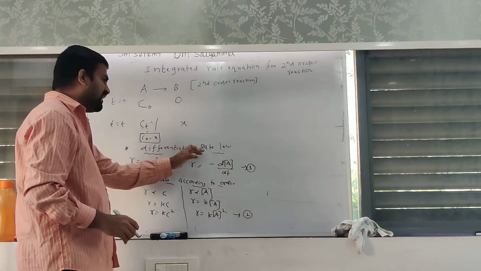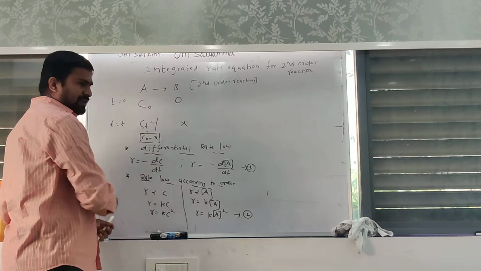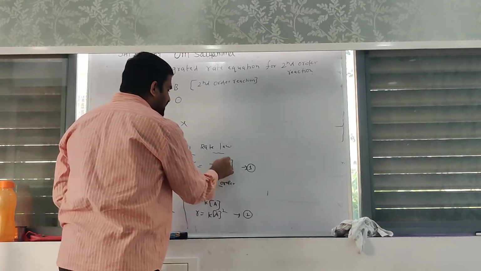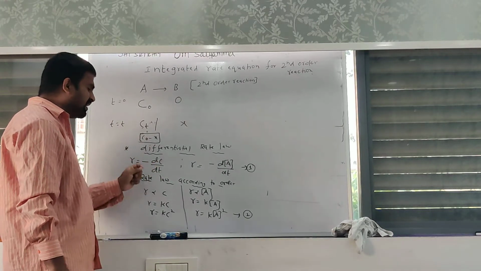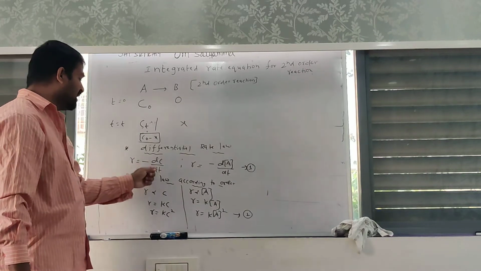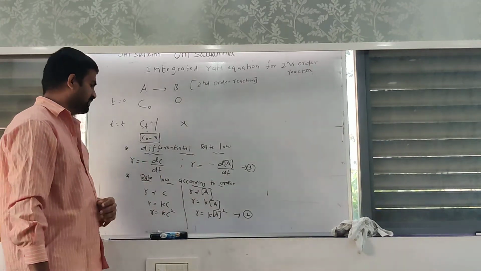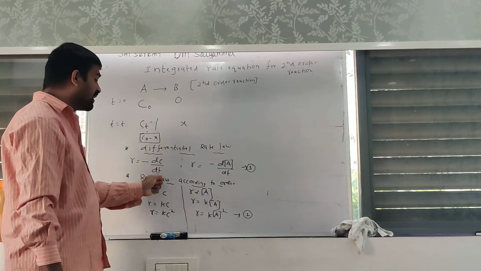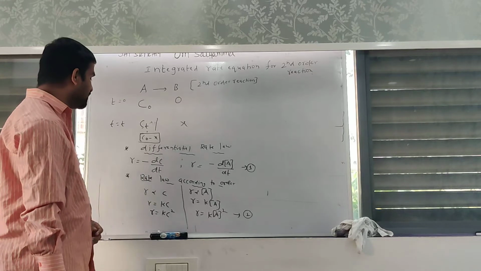Differential rate law for any reaction: rate R is equal to minus dC by dt, that is rate is equal to minus d[A] by dt. C represents the concentration of reactant, d represents the change of concentration, and t represents the time of reaction. Rate law according to order: R is directly proportional to concentration.